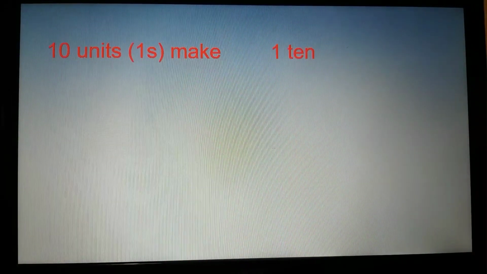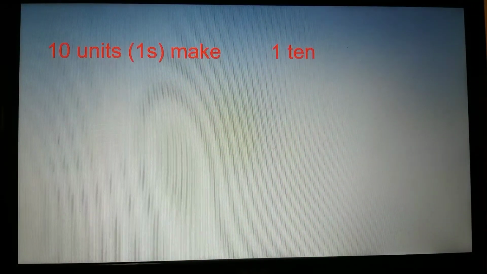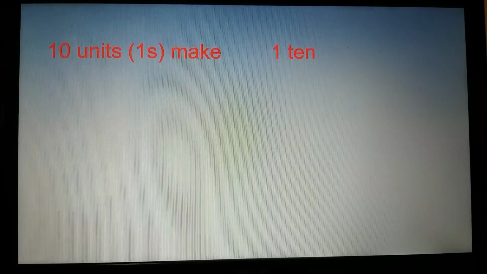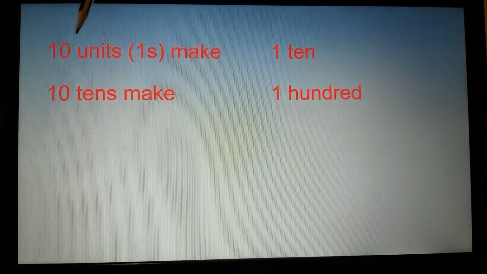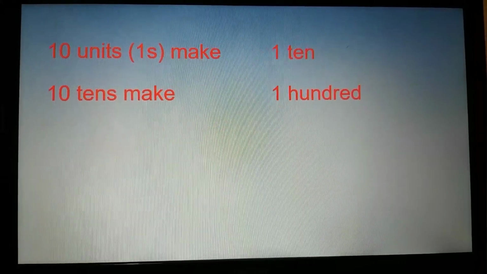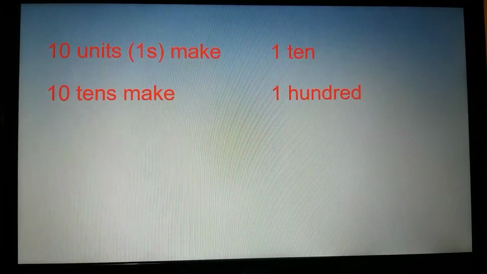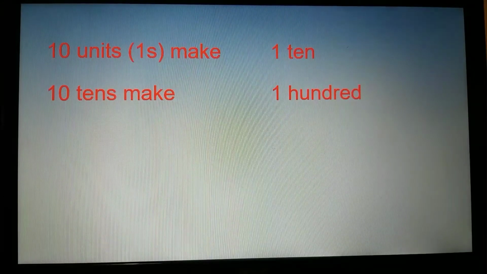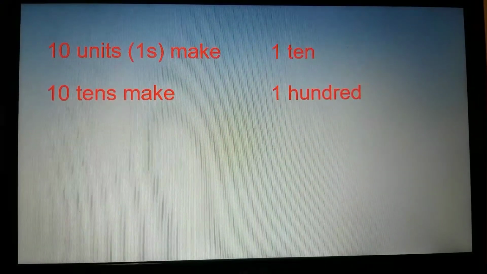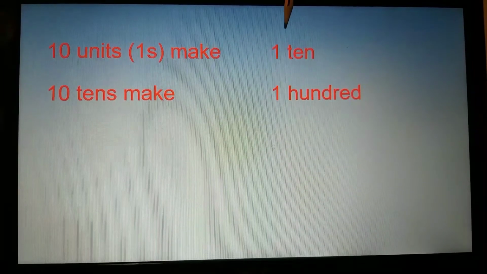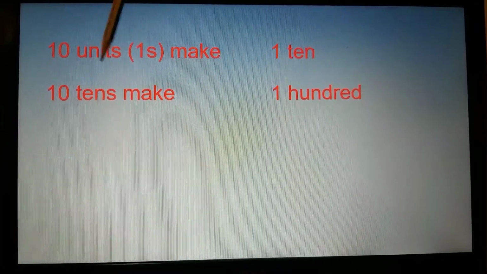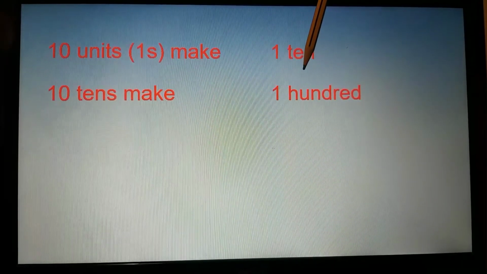Okay, so if we sum up how, when the numbers get bigger, they build up, every 10 units make 10. We have seen on the number line when we counted from 1 to 10. After 9 it turned into 10. So every 10 units make 10. 10 tens make 100.